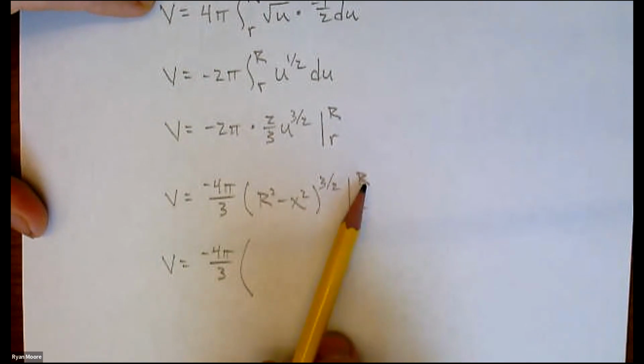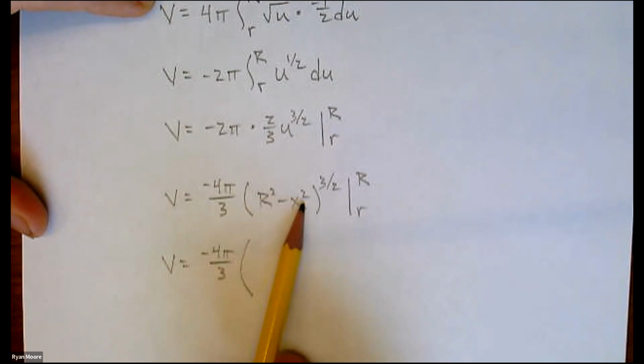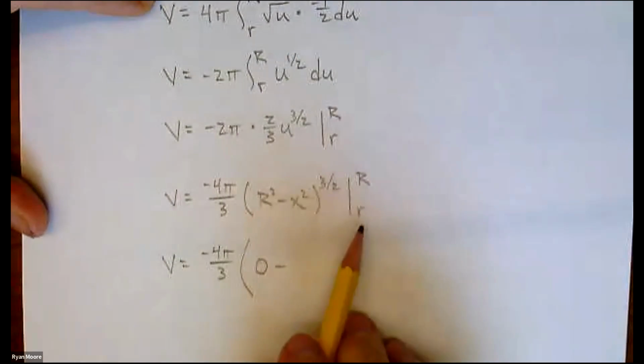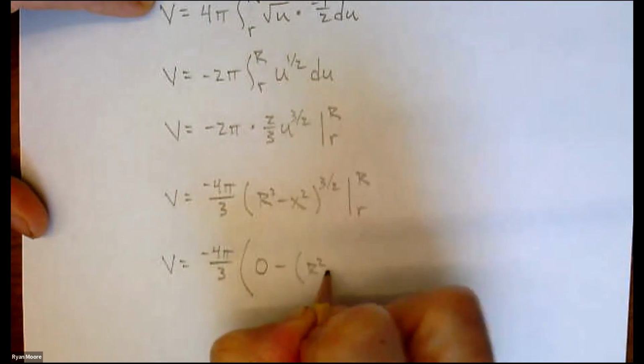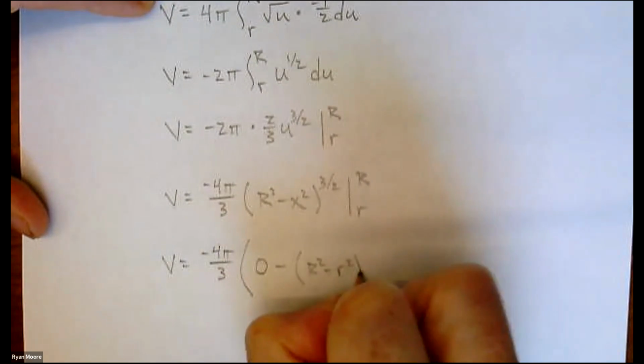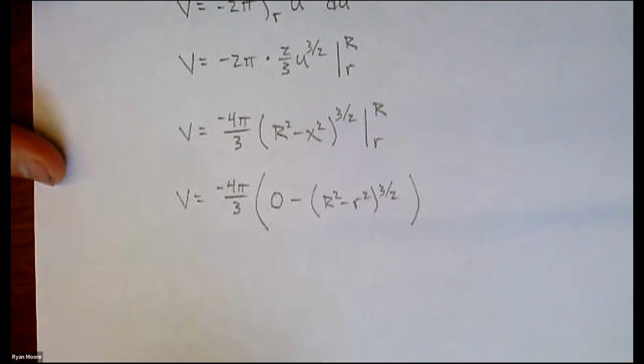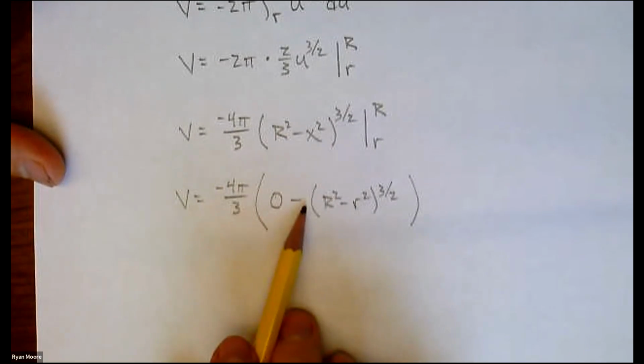Let's see what happens. Oh, check this out. When you plug in the big R, it's 0. Plug in the little r for x, and it's big R squared minus little r squared to the 3/2. So that negative that popped out here is now going to cancel out.